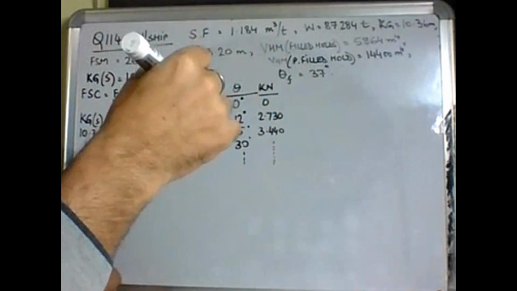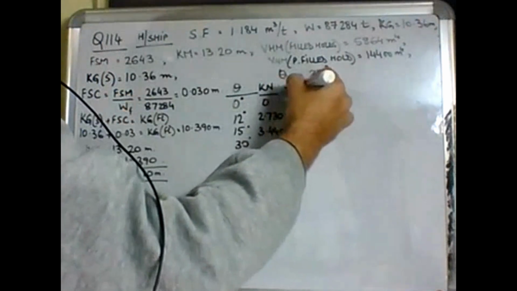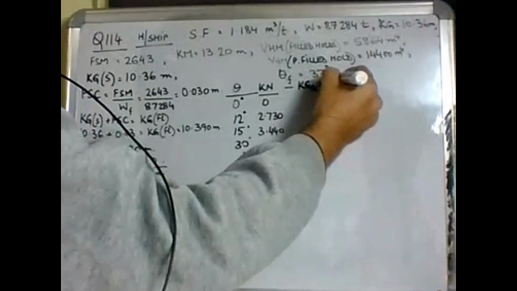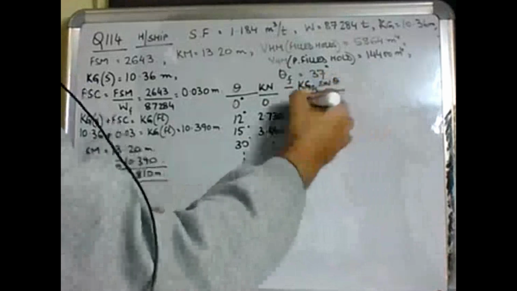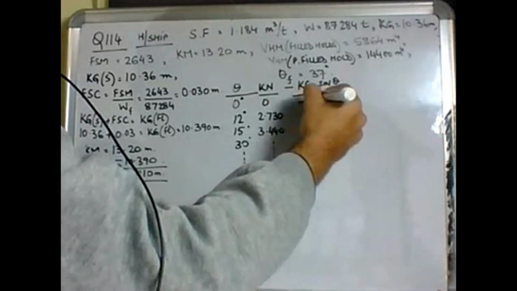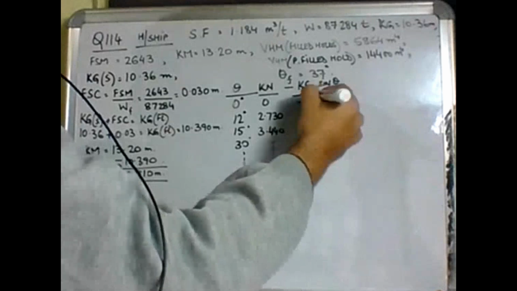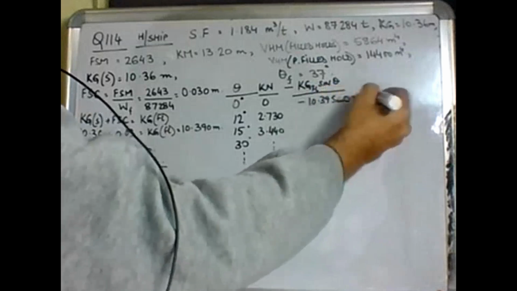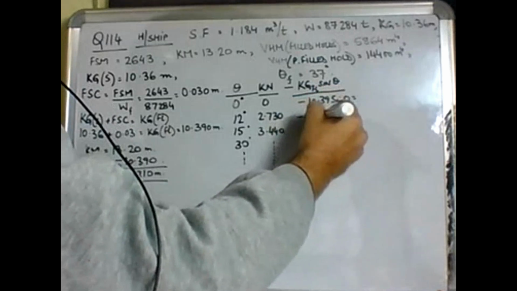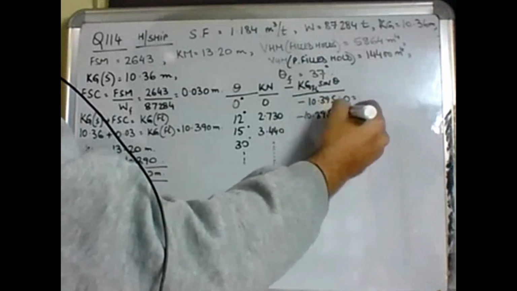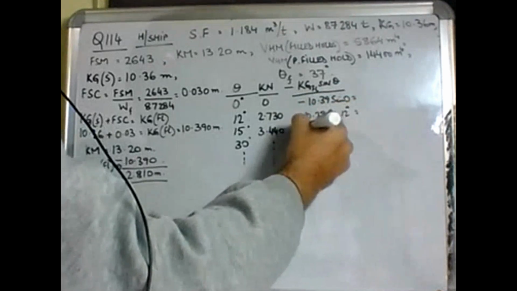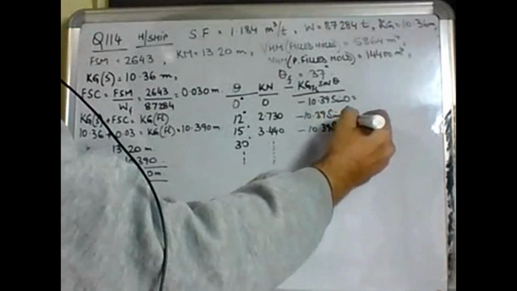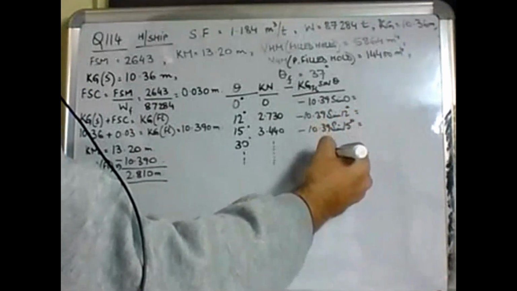You will apply the correction due to vertical shift of G, which is minus KG fluid sin theta. So minus KG fluid, 10.39, sin 0 is equal to so much, minus 10.39 sin 12 is equal to so much, minus 10.39 sin 15 is equal to so much, and so forth.